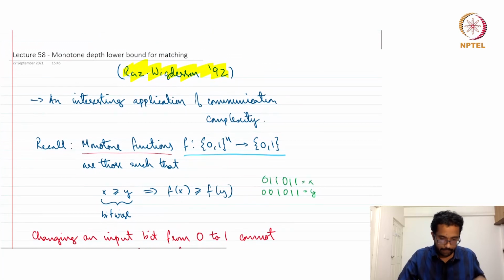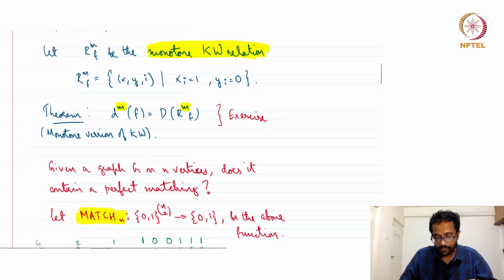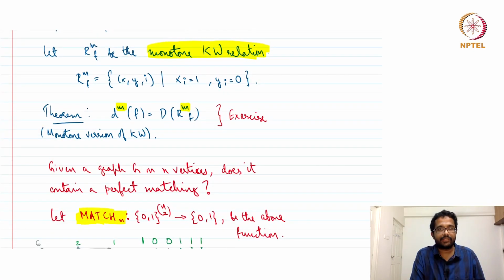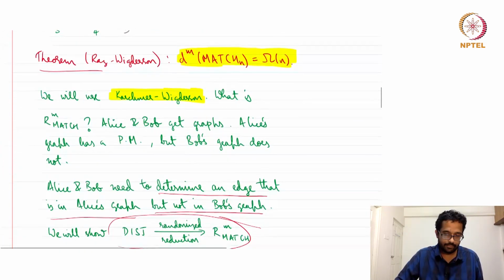I'll just do a quick recap. So we first saw monotone functions and monotone circuits. Again, this was a recap. And then we said that the Karchmer-Wigderson theorem that we saw in the previous lecture has a monotone analog. The monotone depth complexity is equal to the deterministic complexity of the monotone Karchmer-Wigderson relation. And then we defined the matching function.